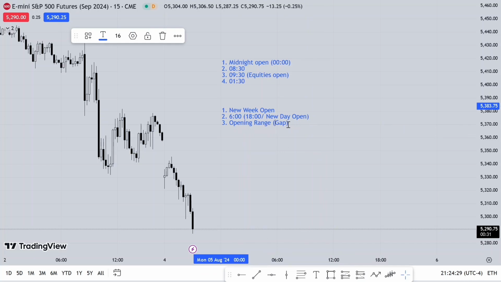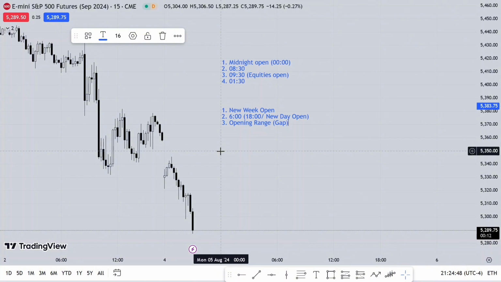This opening range gap is from the closing price of 16:59, which is 4:59 p.m., the closing window.